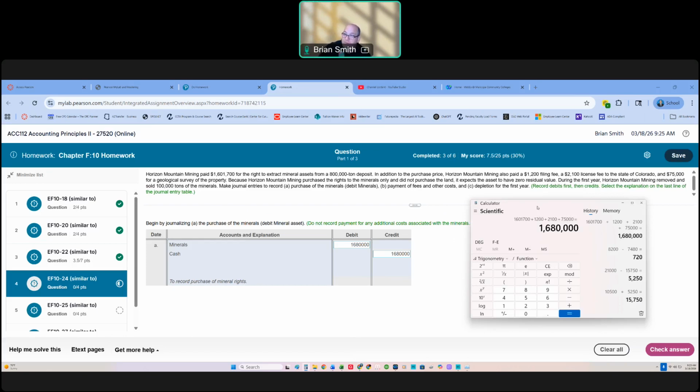Maybe that because we don't buy the land, it's 75,000 is not part of it. I find that odd because it's still the geological survey would have needed to have been done for the minerals. Just gonna add them up again, see if I just did something wrong. No, I think I have the right number of zeros and everything.